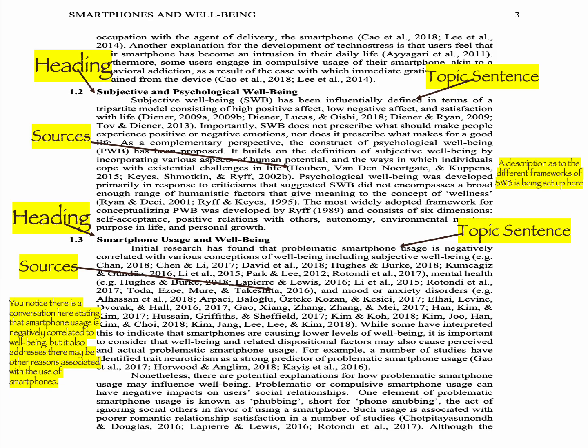So what did that do? The first part, at the top, is saying, okay, look, here are these negative aspects of smartphone usage, right? Obviously, it's generalizing that there are lower levels of well-being, and it's also saying that there are these dispositional factors which may also cause perceived and actual problematic smartphone usage.